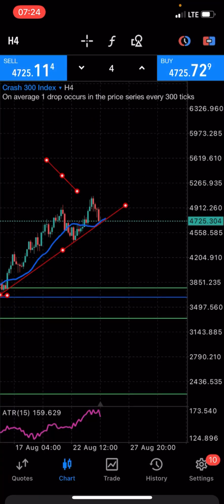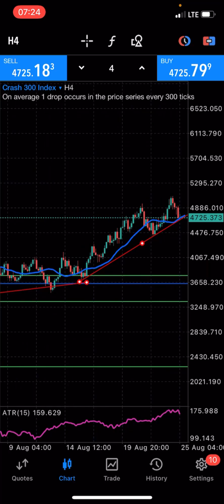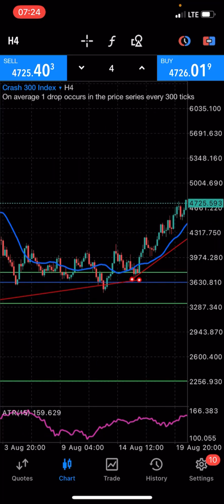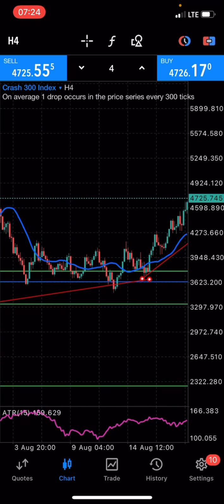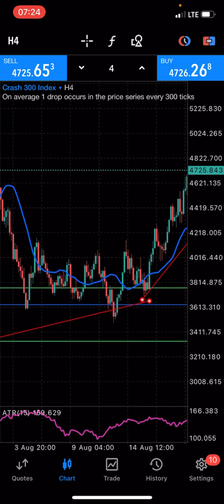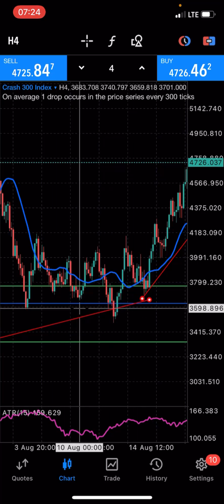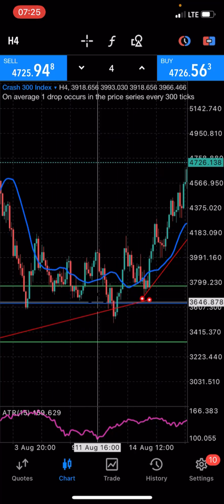Okay, I'm going to delete this. For instance, now this is the H4, which is a Crash 300. Now you've seen that at this position here, this is a strong support.